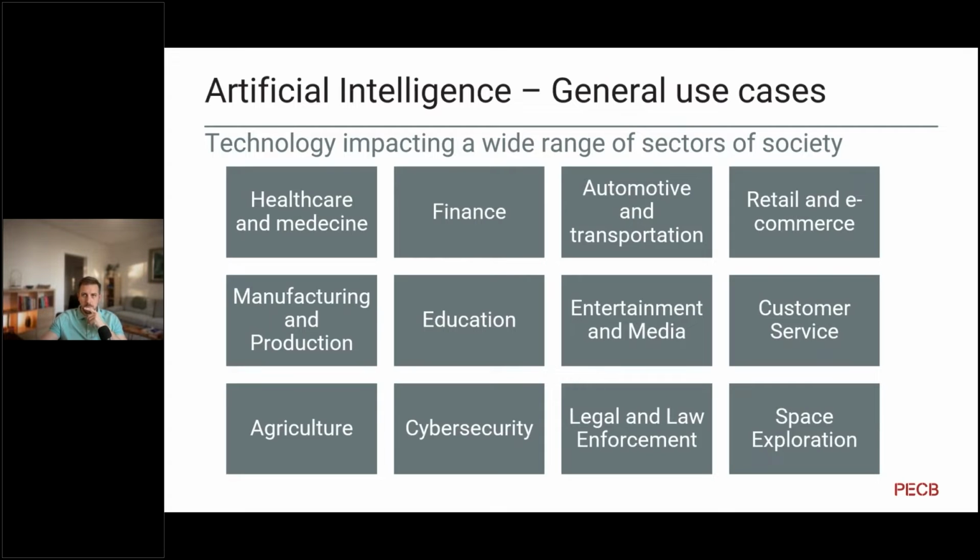Just to talk about this slide, AI is a rapidly evolving field with application in a lot of sectors of activity, including, as you see on the screen, healthcare, finance, automotive, and so on. It has the potential to revolutionize the way we live, we work, and making processes more efficient for the businesses, accurate and cost effective.